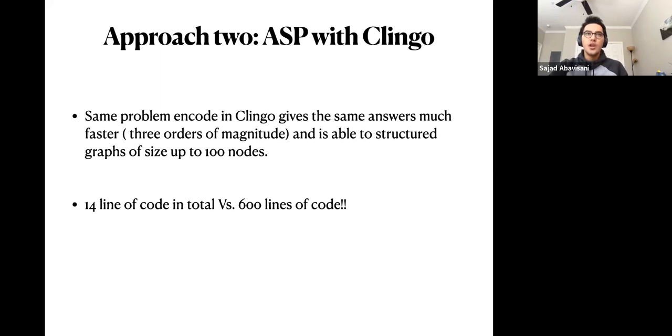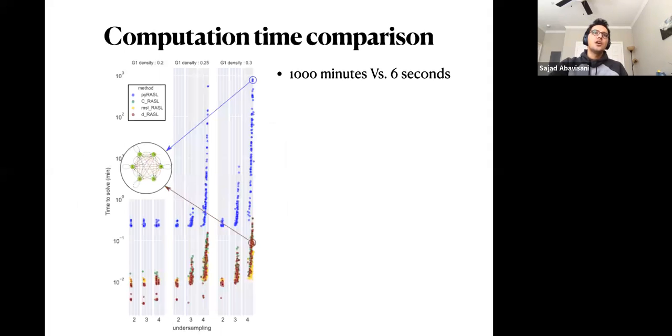So here is the comparison. The blue ones are the graphs computed using that recursive imperative programming paradigm, and the red ones are using clingo. As we can see, the same graph, which took around 1000 minutes to compute with imperative programming, took only 6 seconds to solve here.